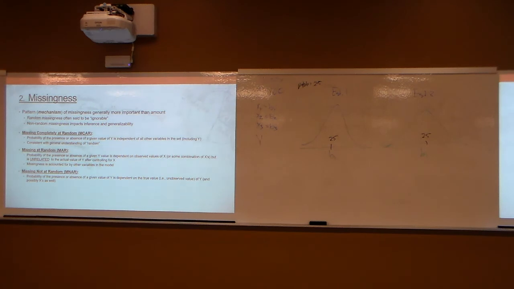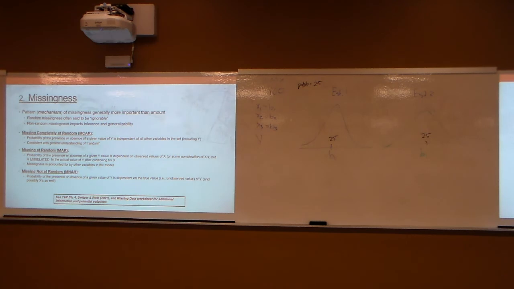What I'm thinking is people who tend to be heavier and who are high BMI are the people who aren't coming back, and now I'm missing those data. But if I don't have their actual BMI, I have no way to model that. And now that's non-ignorable missingness. This is missing not at random. And if I start to analyze these data, I get biased results, and I'm going to have problems with generalization, because I don't have a method of addressing this.